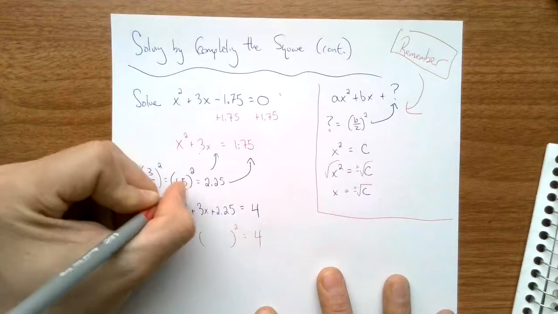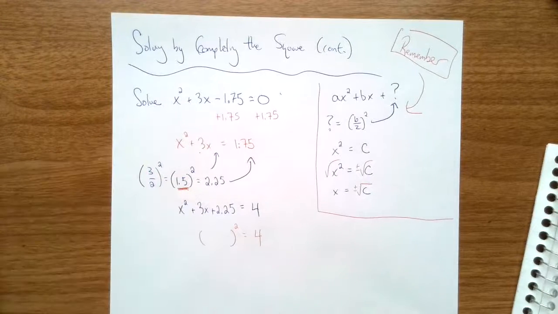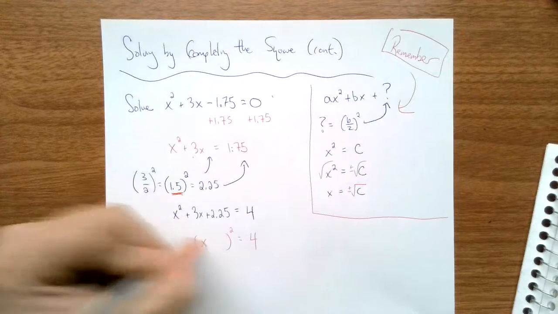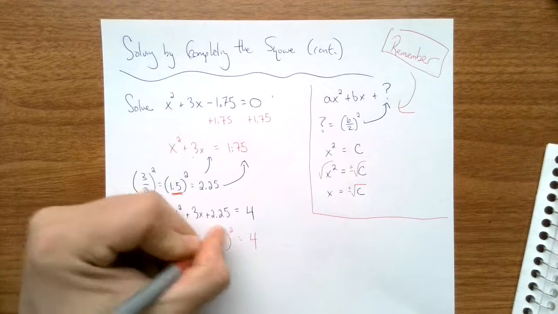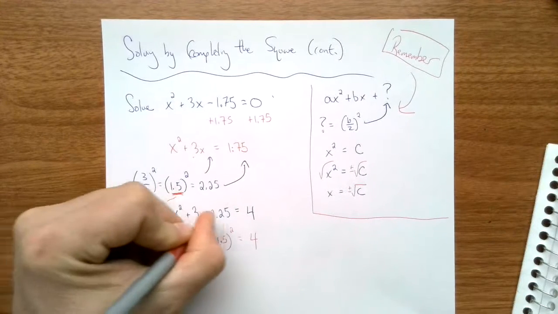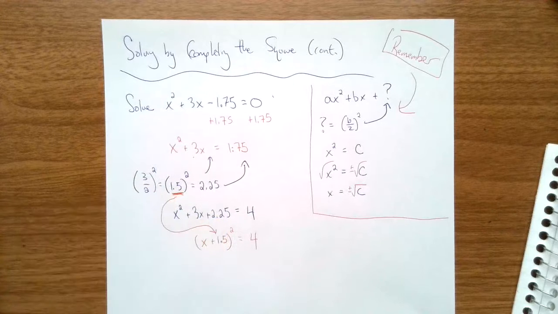Recall once again that when we take our b value and divide it by 2, that value always matches the value inside the parentheses when we express that trinomial as the square of a binomial.